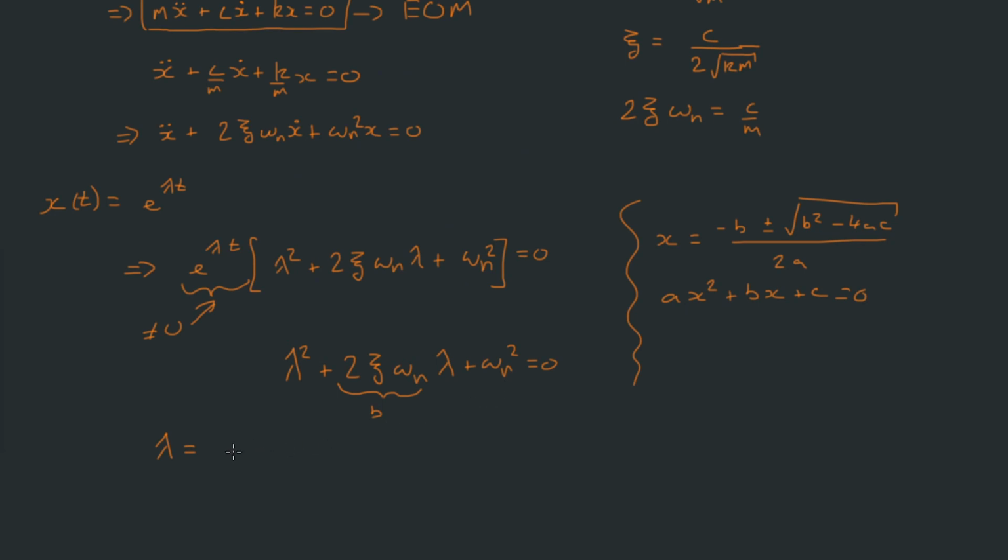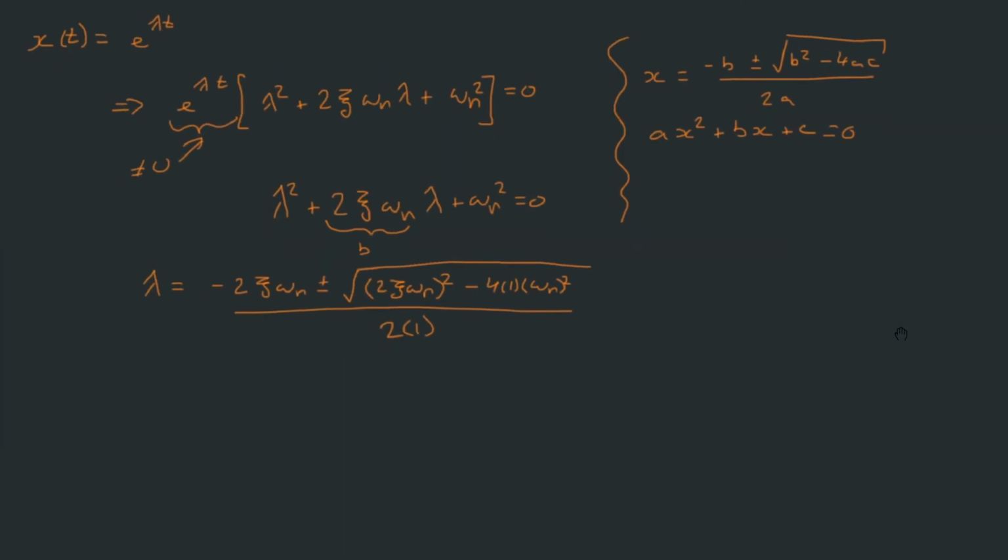So we have minus 2 damping ratio omega n plus or minus the square root of minus 4 times 1 times omega n squared, because c is omega n squared. All of this is divided by 2 times 1.